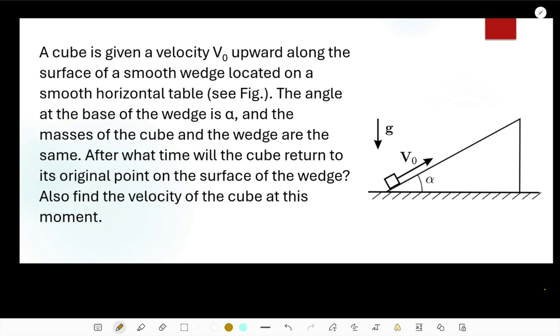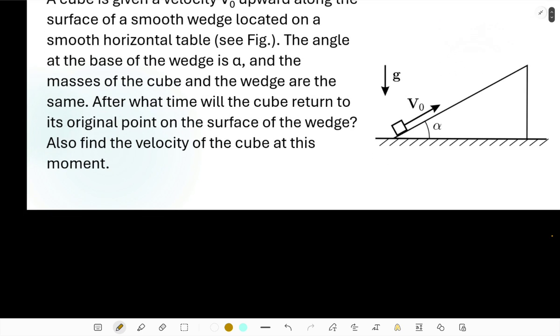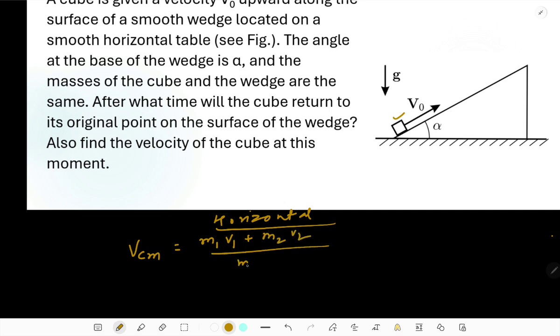And it is equal to what? What it was initially, it will always remain that, because the horizontal component of center of mass velocity is constant. Initially the block was given some velocity v0. To find the velocity of the center of mass in the horizontal direction, I am describing everything along the horizontal right now. VCM equals m1 v1 plus m2 v2 divided by m1 plus m2.